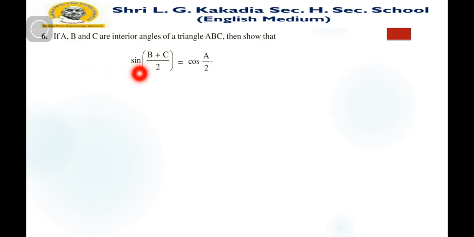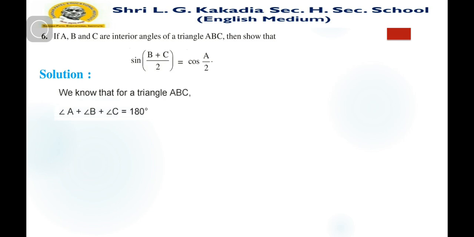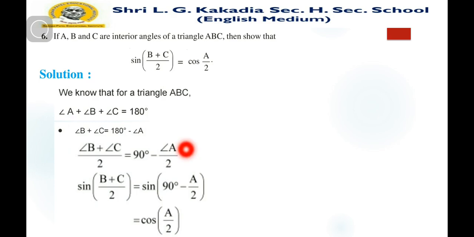So for triangle ABC, angle A, angle B and angle C, the sum is equal to 180. Now we can write angle B plus angle C is equal to 180 minus angle A.